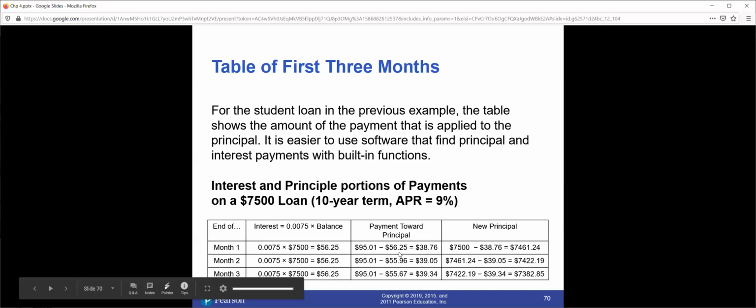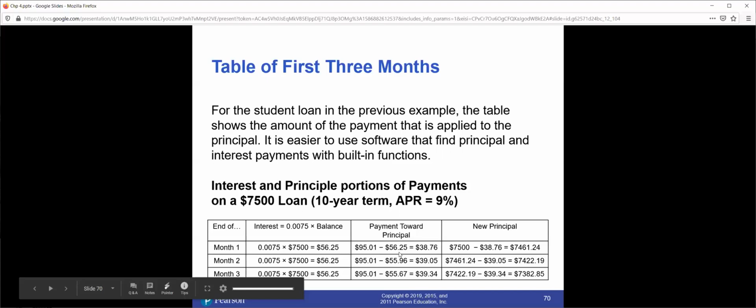Meaning, again, notice here, that the new principal at the end of your first payment was $7,461.24. So your payment of $95 did not go towards reducing your principal by $95. Your payment of $95 went towards reducing your interest, then reducing your principal.